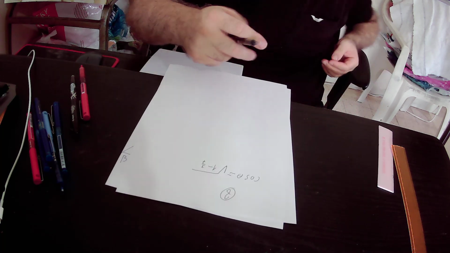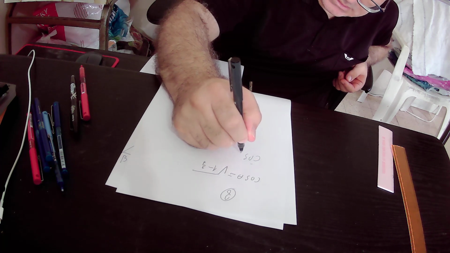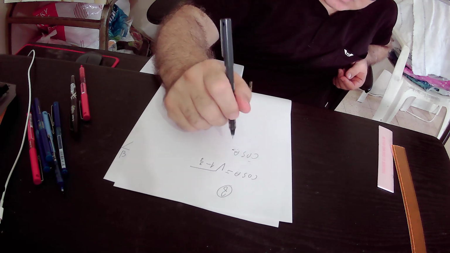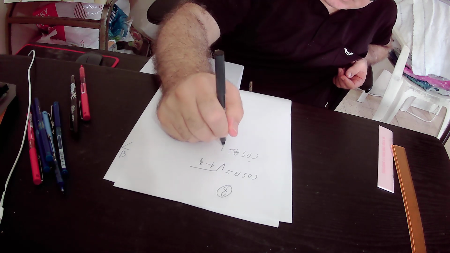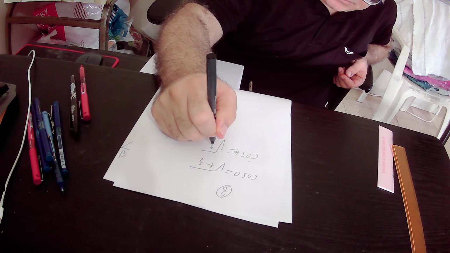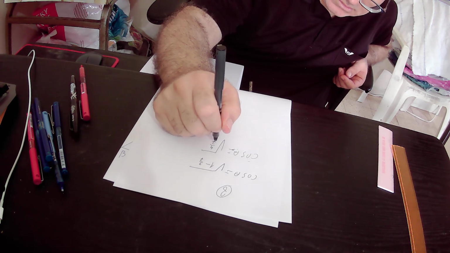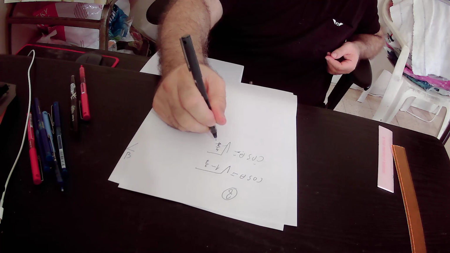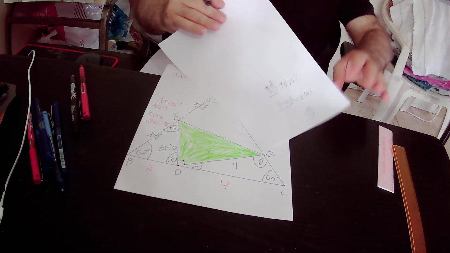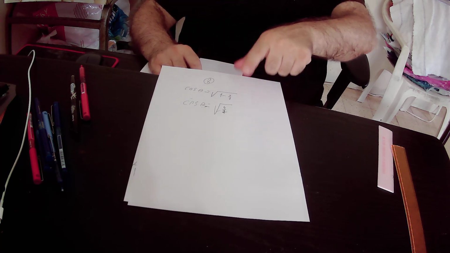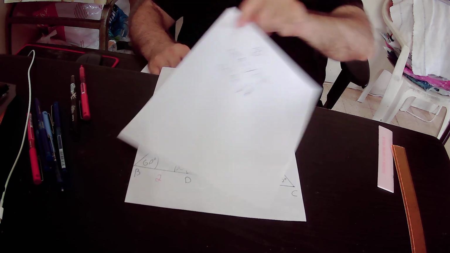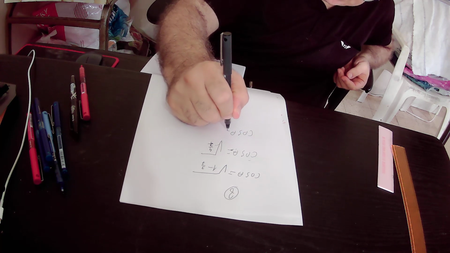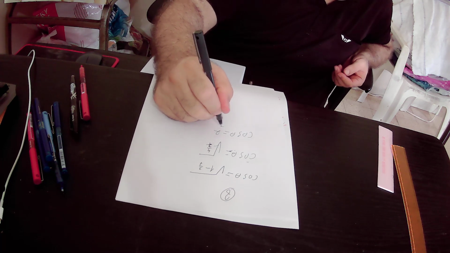So we got that cosine theta equals the root of 4 over 7, but we know that the root of 4 is 2, so actually cosine theta equals 2 over root 7.